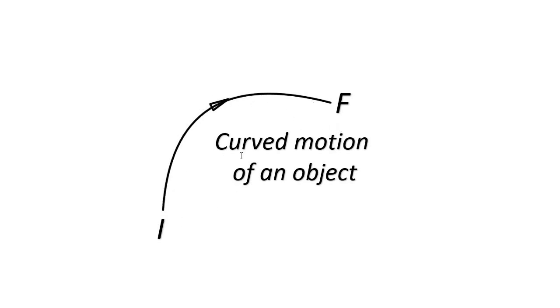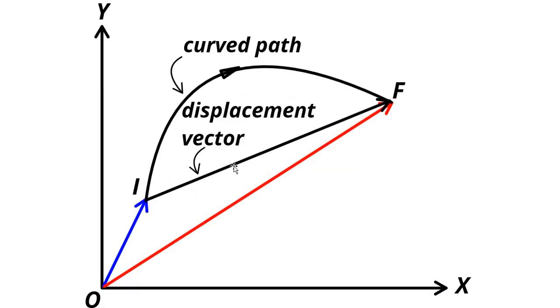So it has covered this distance by traveling in this direction along this curved path, but the net displacement is the straight line shortest distance joining I and F. This is the displacement vector, and this curved path represents the distance, whereas the straight line path, the shortest path between these two points, is the displacement or the displacement vector.